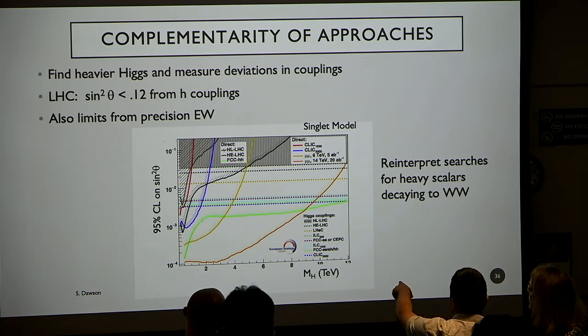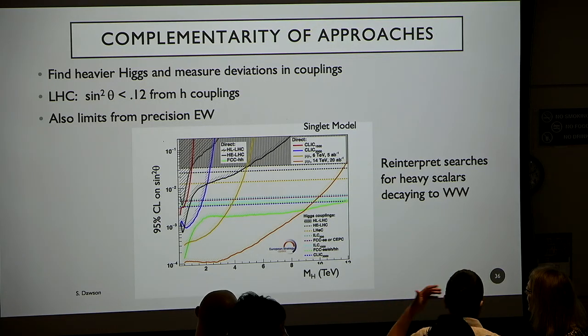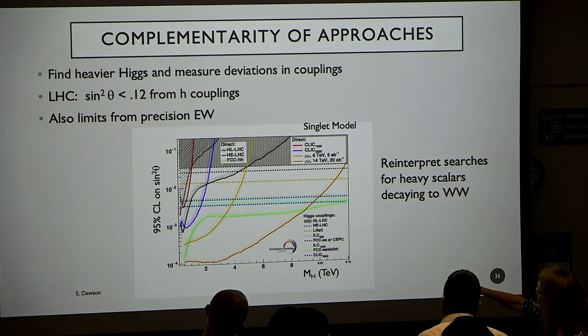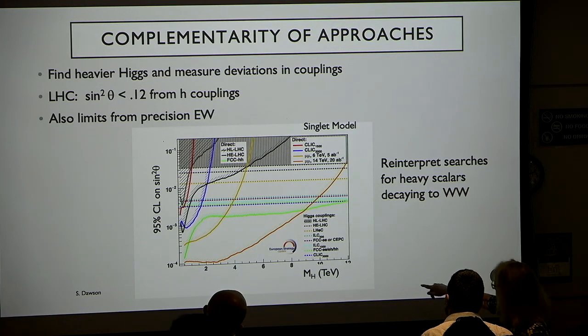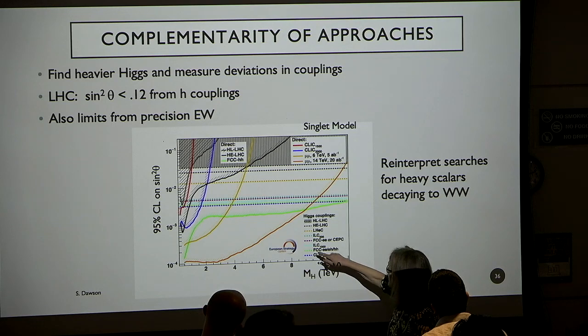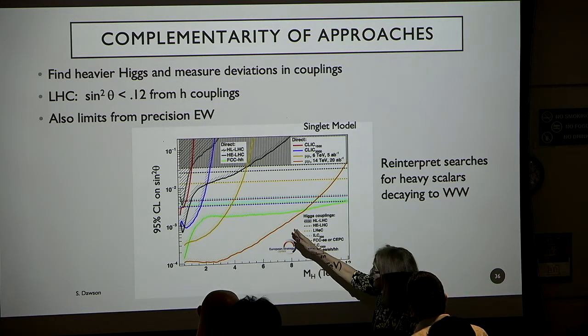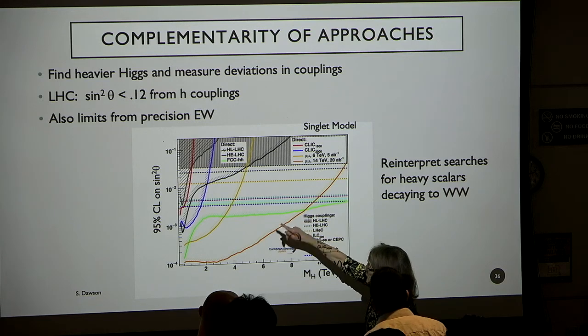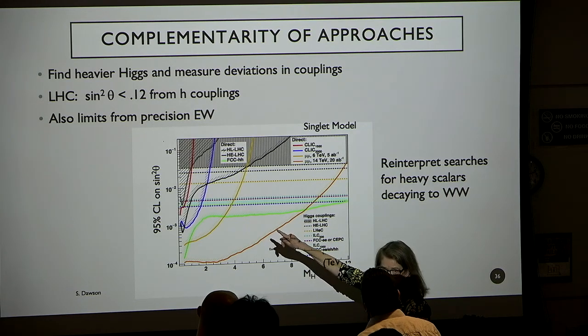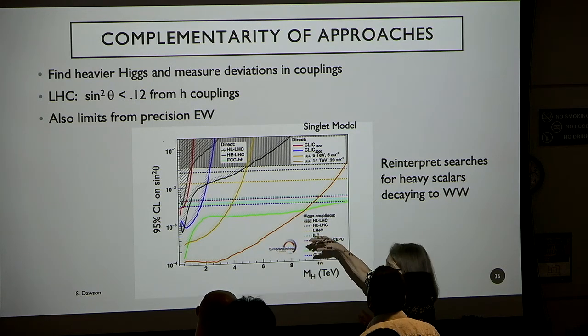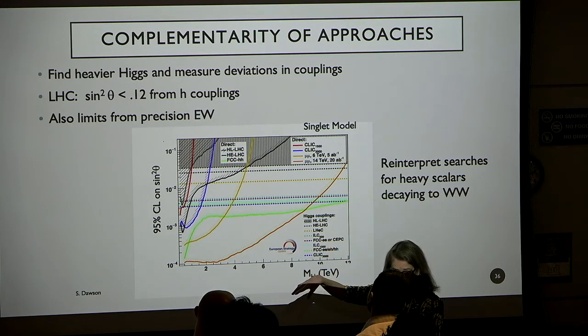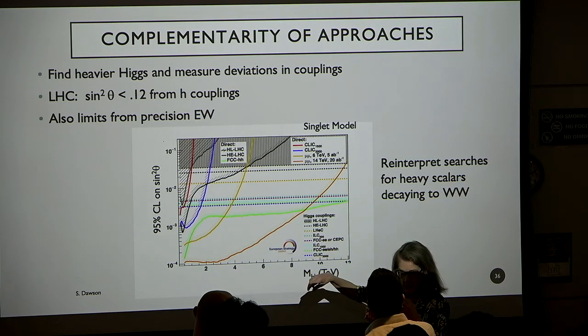You're showing this HL-LHC. So let's say I fix the energy to be, let's say, 14. But I'm way out here. So I've got higher energy, so I can make the heavier guys, but I'm not sensitive to the small couplings. So the production rate depends on both the mass and the coupling. Yeah, why should it be constant?